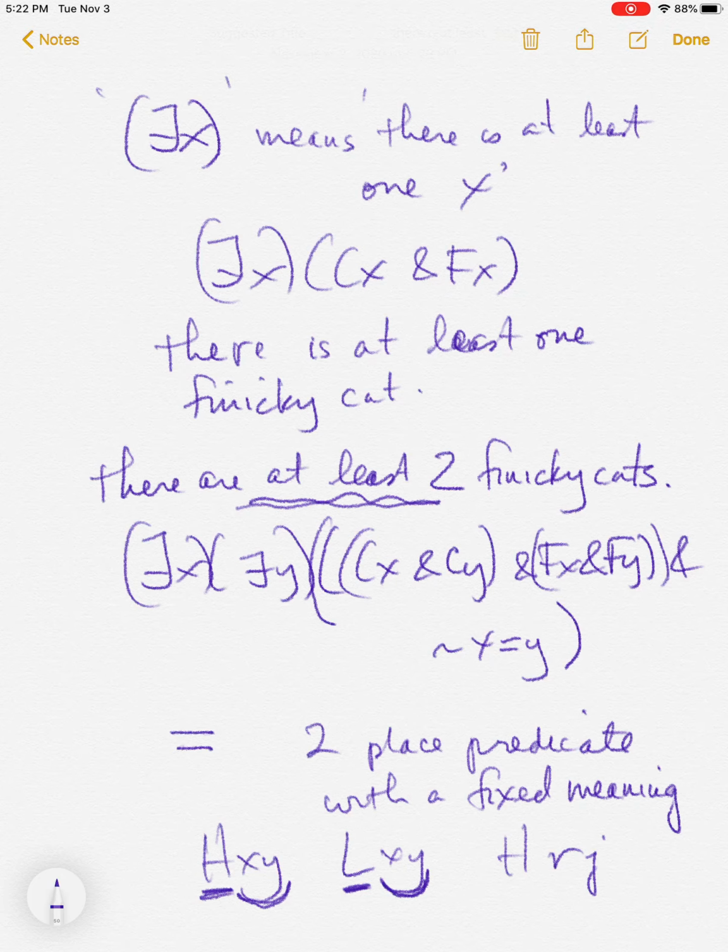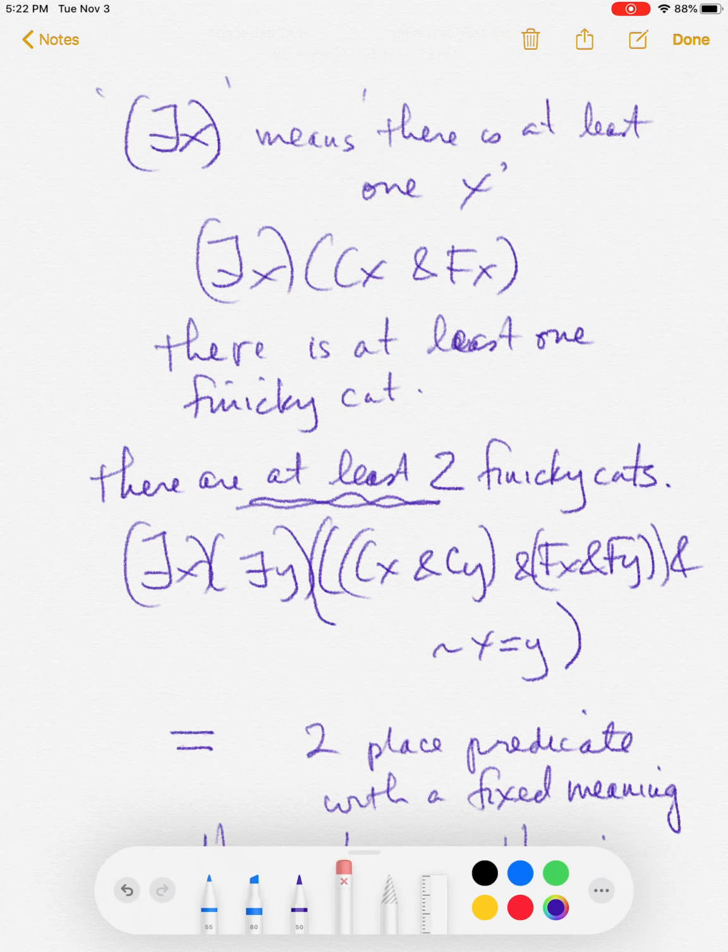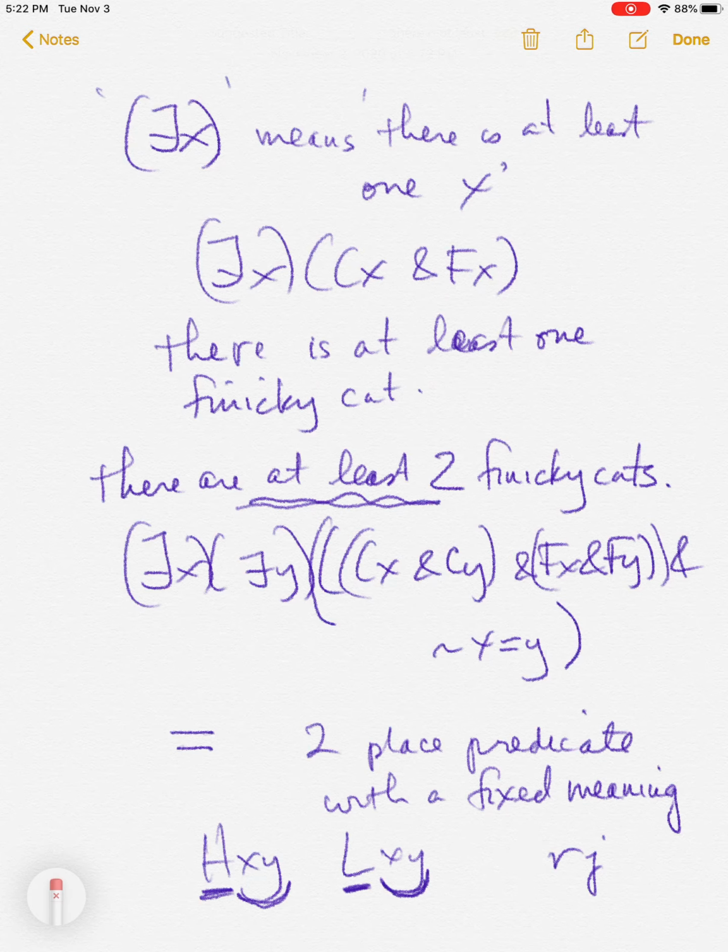HRJ, Romeo is the husband of Juliet. Well, they never got married, did they? Let's change that to loves. So this is actually an atomic sentence of PL. And note that we always put the two individual terms after the two-place predicate.